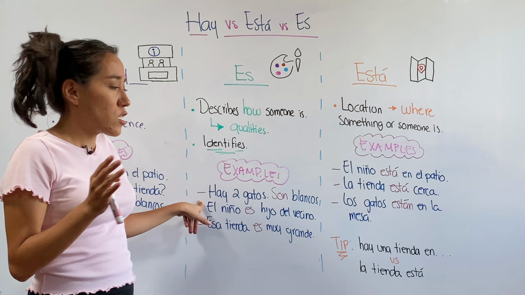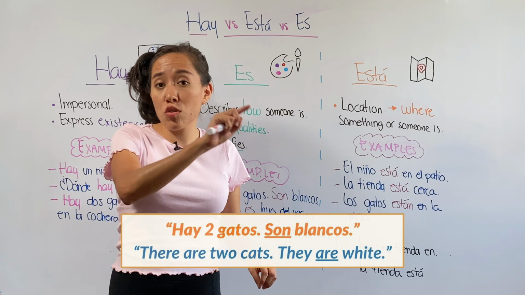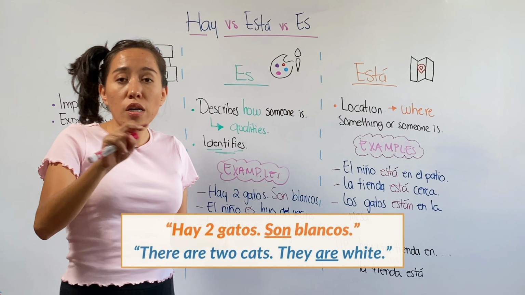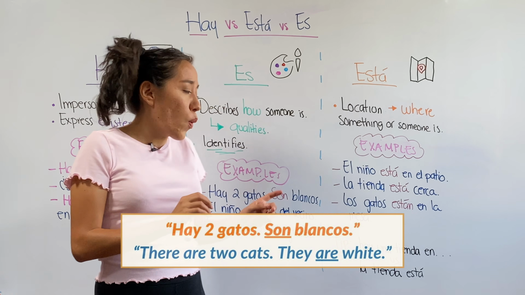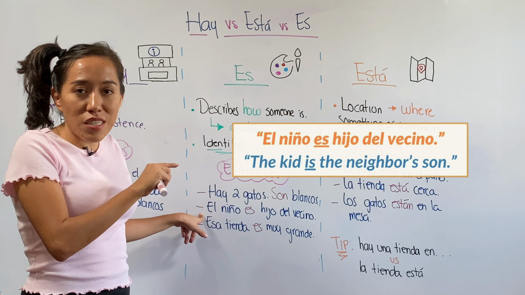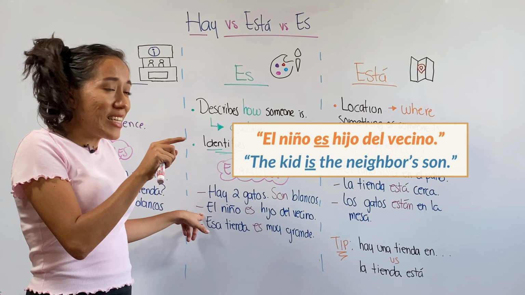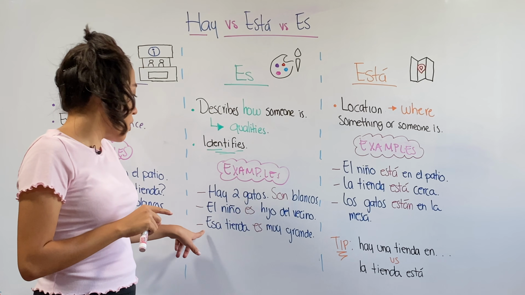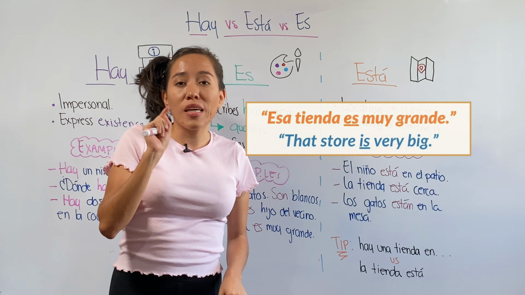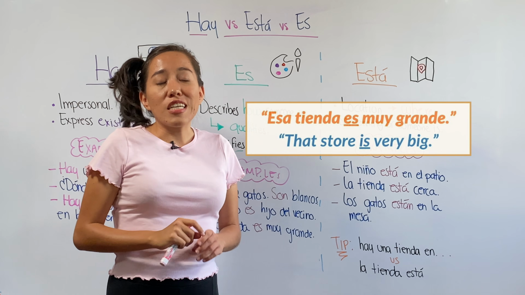You can totally say something like, hay dos gatos, son blancos. There are two cats, they are white. El niño es hijo del vecino. The kid is the neighbor's son. Or, esa tienda es muy grande. That store is so big.